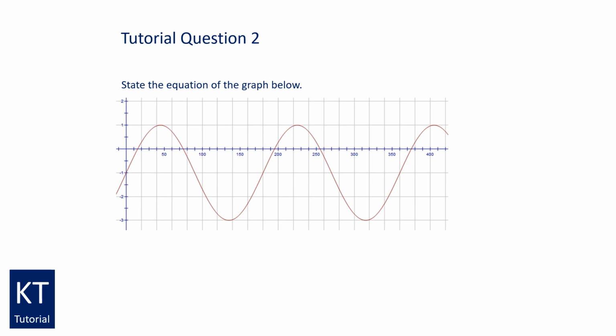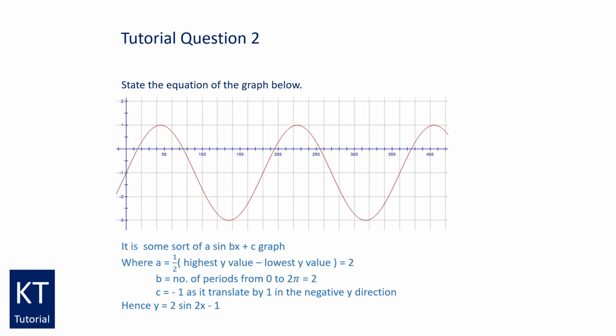Tutorial question 2. State the equation of the graph below. From its shape, we know that it's some sort of an a sine bx plus c graph, where again a is identified from half of the difference between its highest y value and lowest y value.